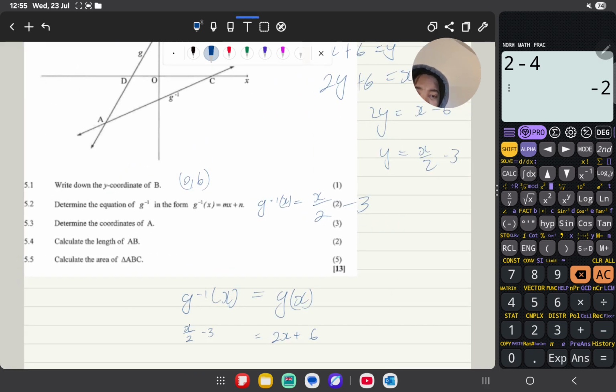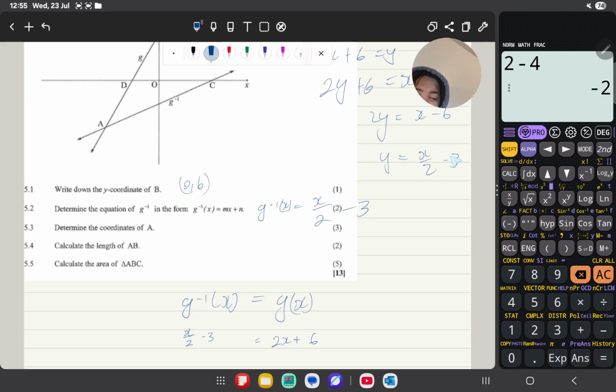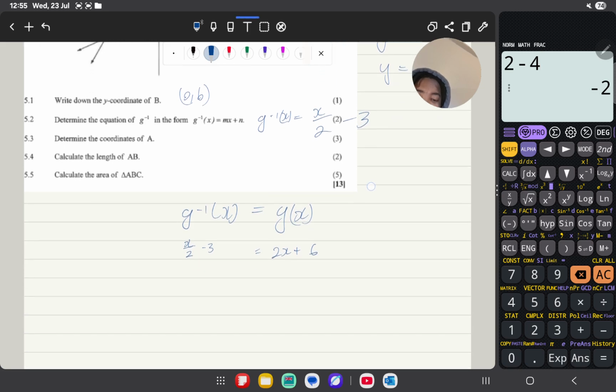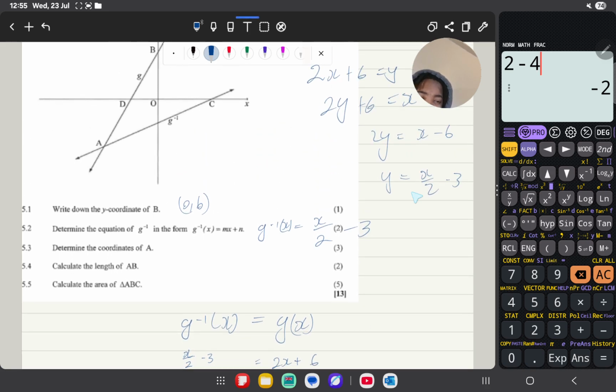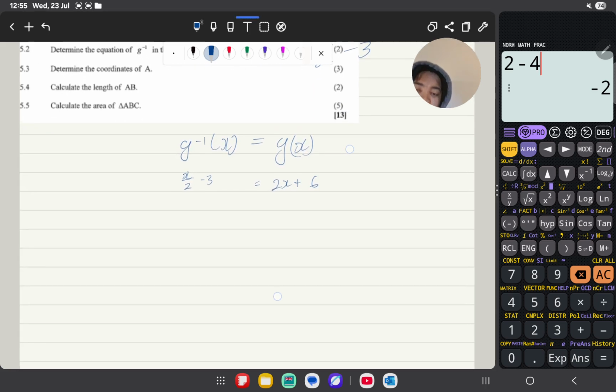Let me check. If we multiply by 2, we have 2y, and then we have x, we have 6. Cool, that is fine.